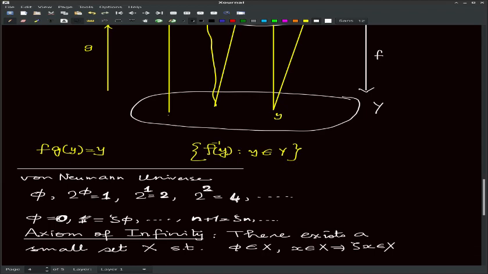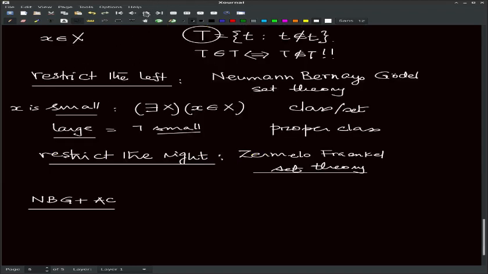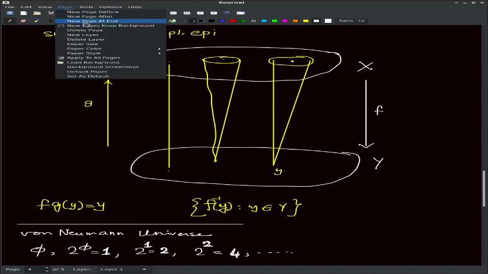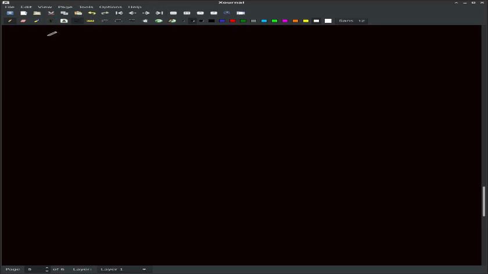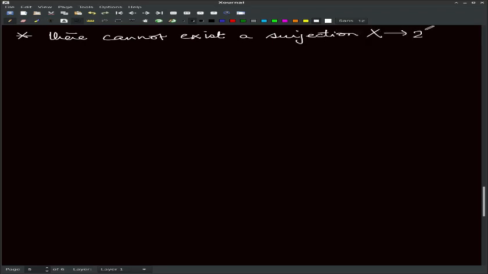But then what starts the next phase is this: even if you take natural numbers, as far as sets are concerned, for every set x there cannot exist a bijection, a surjective function from x to 2 to the power x.